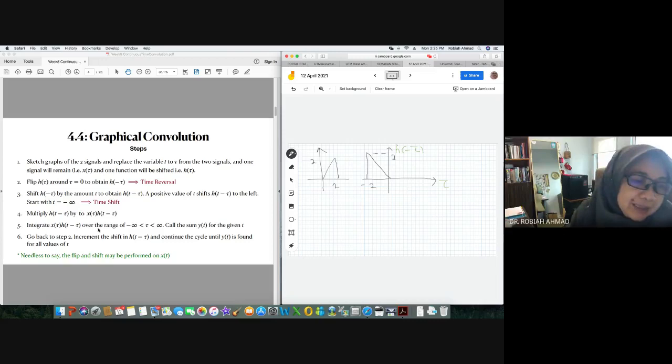Okay. And then number 3, shift that by the amount t to obtain ht minus tau.